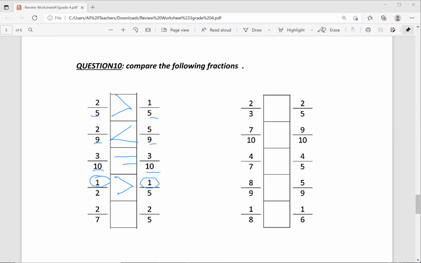So it's in the opposite way. So 2 over 3 is greater than 2 over 5. But 9 over 10 is greater than 7 over 10. 4 over 5 is greater than 4 over 7, while 8 over 9 is greater than 5 over 9. 1 over 6 and 1 over 8, 1 over 6 is greater. So keep this in your mind.